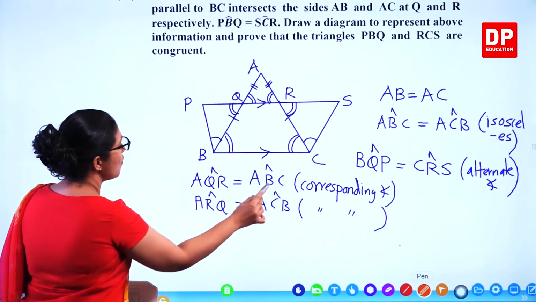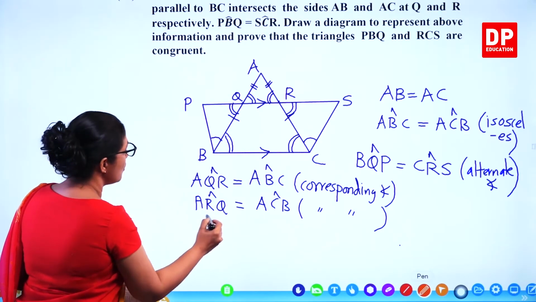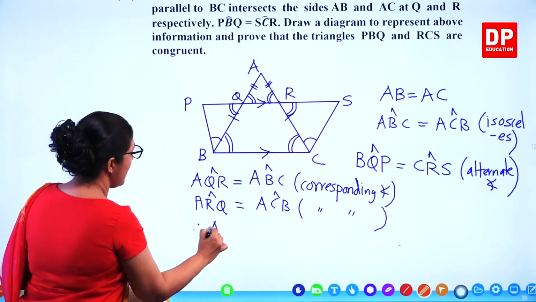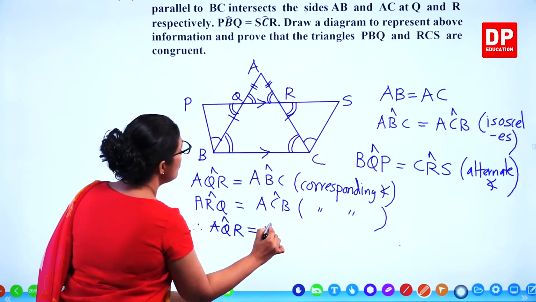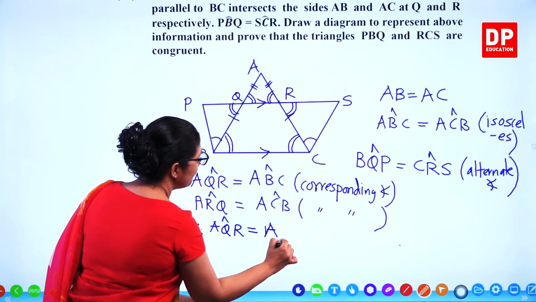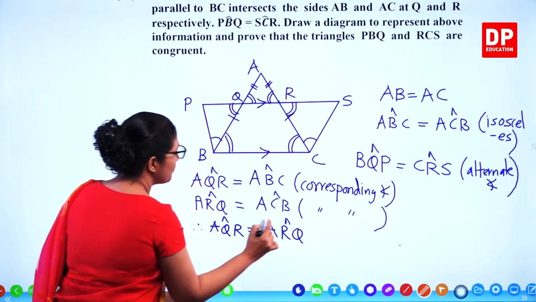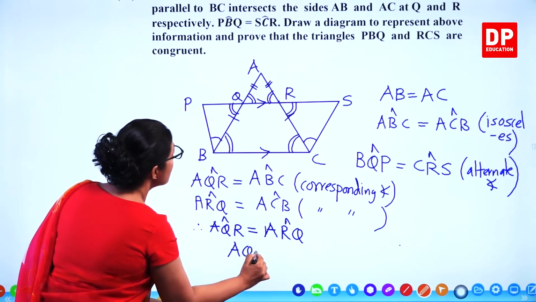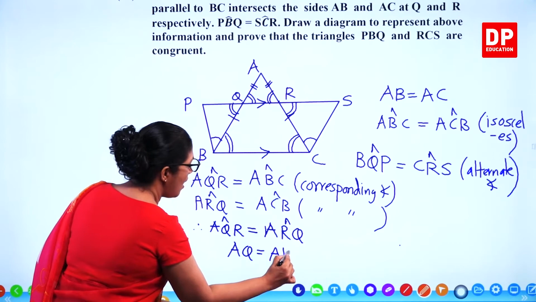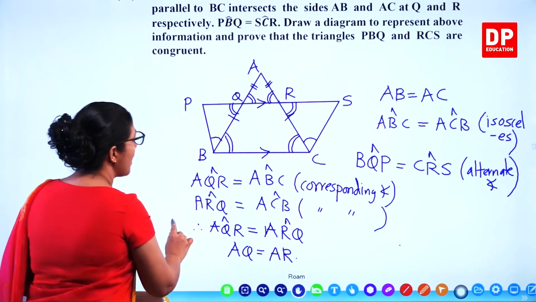Because these are equal, these two are equal. So you can say therefore AQR is equal to ARQ. Then that means AQ is equal to AR, isosceles triangle.